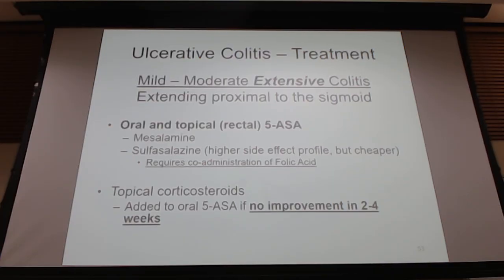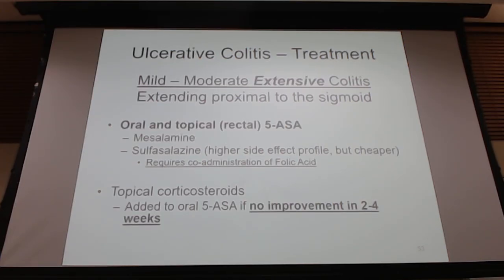So extensive disease, extending proximal to the sigmoid. Again, those aminosalicylates, so mesalamine. Sulfasalazine is a potential option if money is an issue. But if we're going to give sulfasalazine, we need to supplement with folic acid.